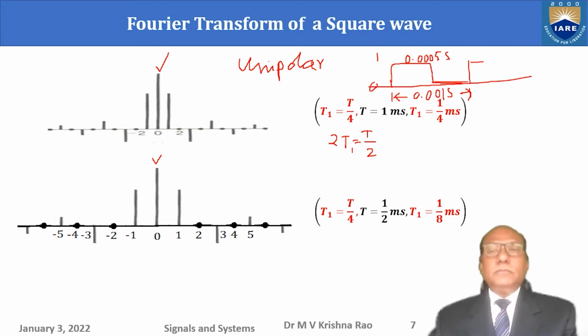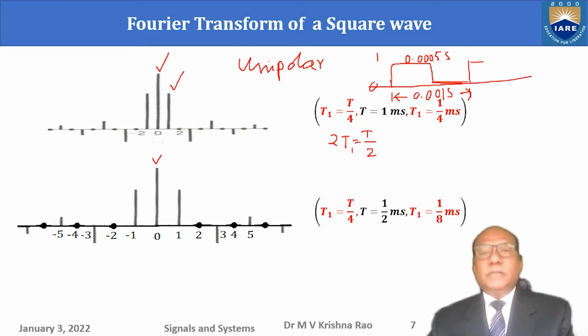Now, if you see here, the spacing between successive harmonics is, let us say, F0. What is the fundamental frequency here? F0 equal to 1 by T, that is 1 by 1 millisecond, that is 1 kilohertz.